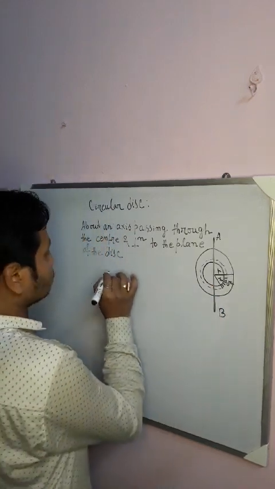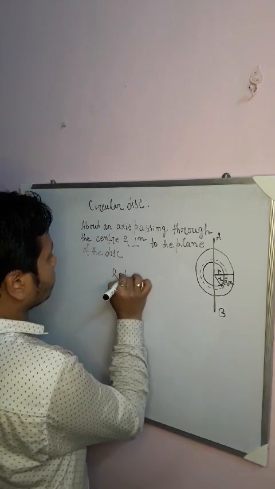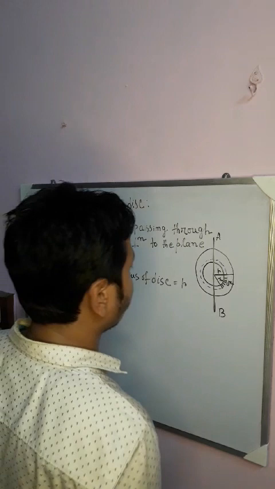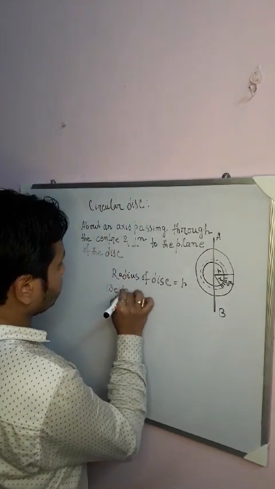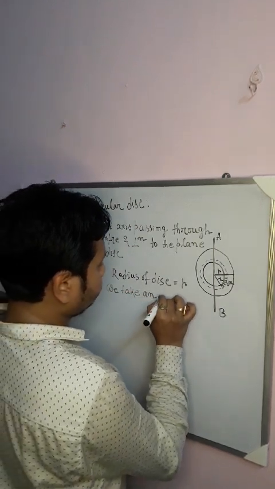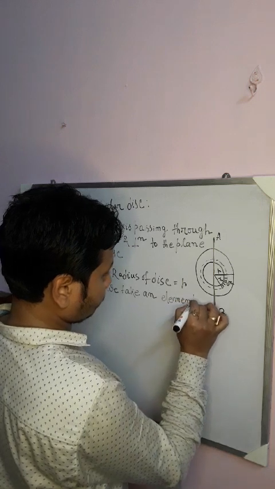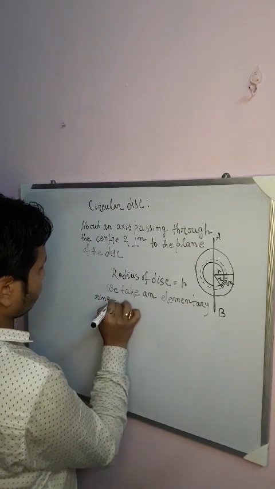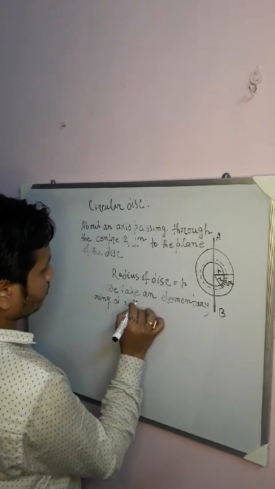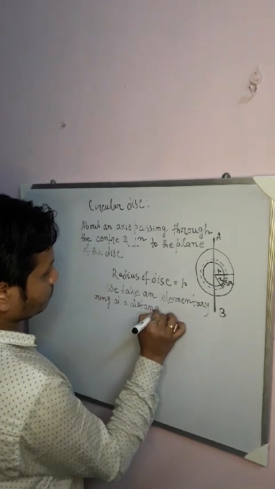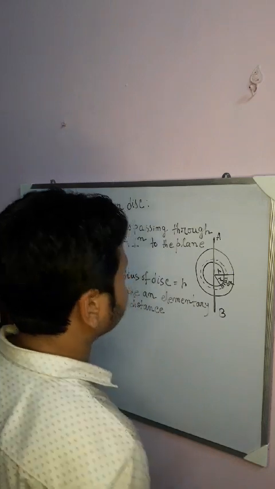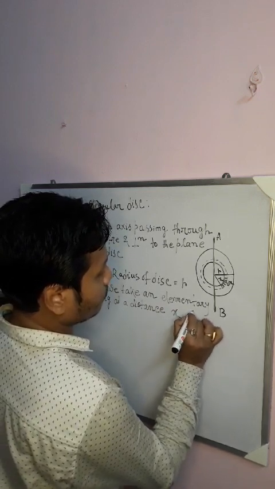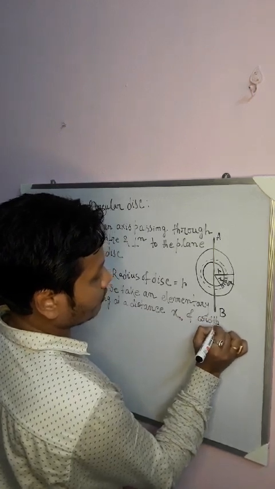One thing I have to write: the radius of the disc is r.